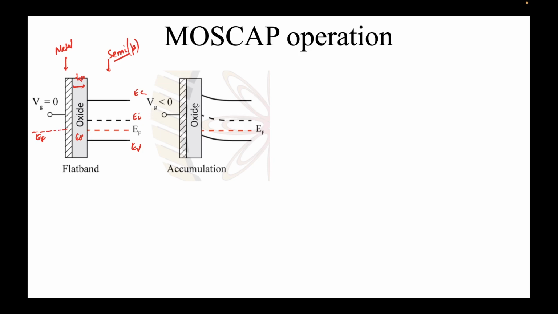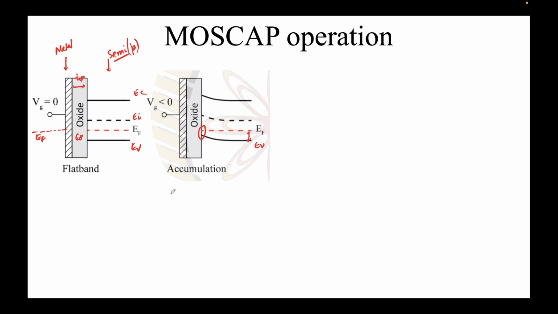Forget about the oxide for a second: if you apply negative potential, the holes in this p-type semiconductor get attracted to this interface. They cannot cross the oxide, remember it's a perfect oxide, so they accumulate here. At the surface, you see EF is coming closer to EV. In the bulk there is some distance, but on the surface they are very close.